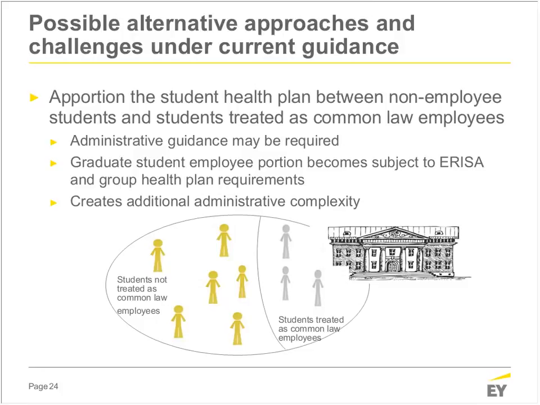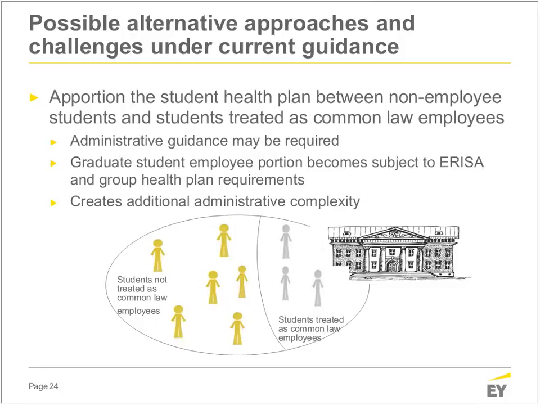Okay, terrific. All right, so under the next alternative, you would really bifurcate your student health plan. And for those, we'll focus again on graduate students, those graduate students that are providing services and, in the IRS's view, treated as employees.